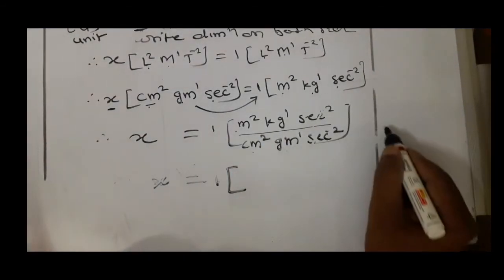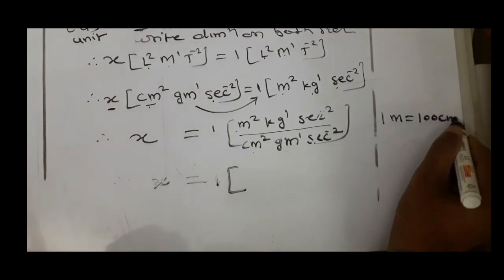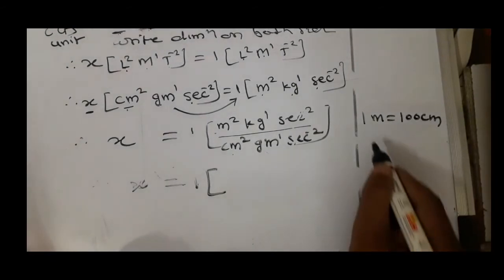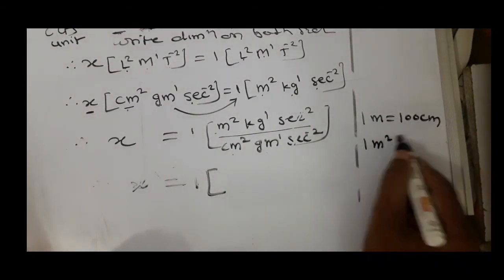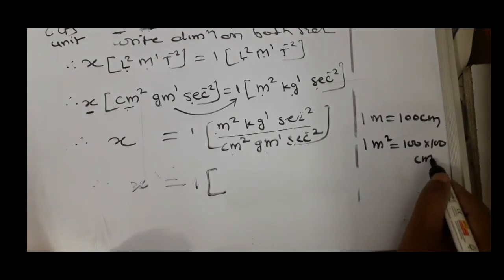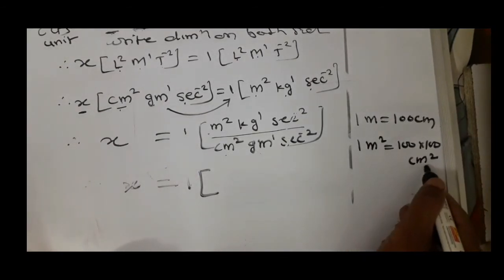You know that 1 meter is equal to 100 centimeter. Therefore, 1 meter square is equal to 100 into 100 centimeter square, that is centimeter into centimeter.